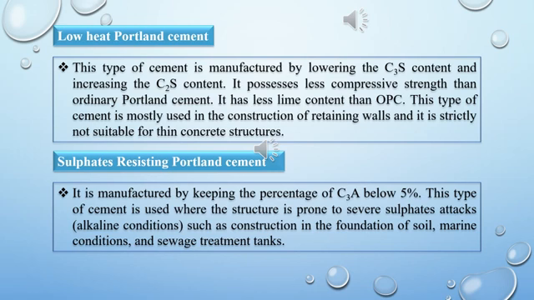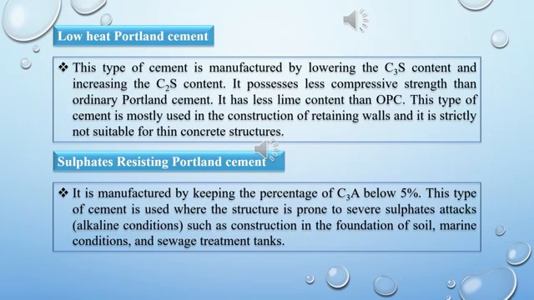thin concrete structures. So students, in low heat Portland cement, he said that if you lower the C3S and increase the C2S, it means if you increase the dicalcium silicate content and decrease the tricalcium silicate content, then low heat Portland cement will form.